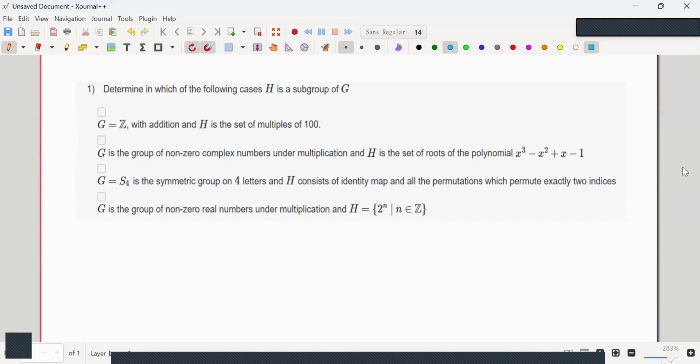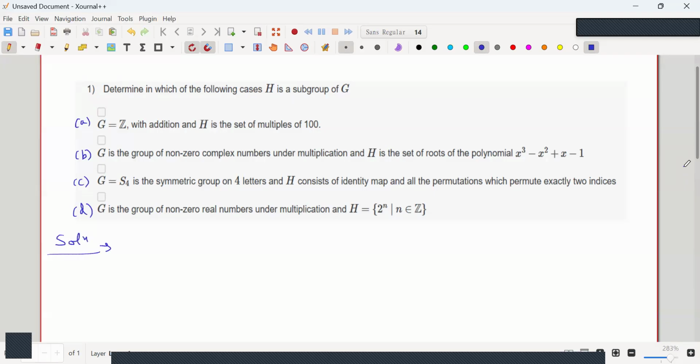So whether it forms a group or not. It's a subgroup. It forms a group. It's closed, the identity belongs to the subgroup, and the inverse also exists within the subgroup itself.